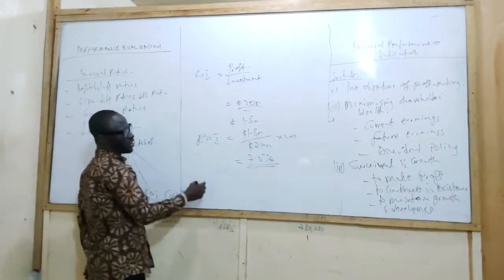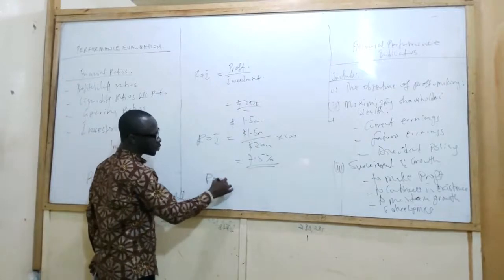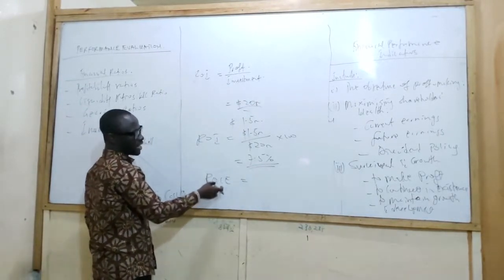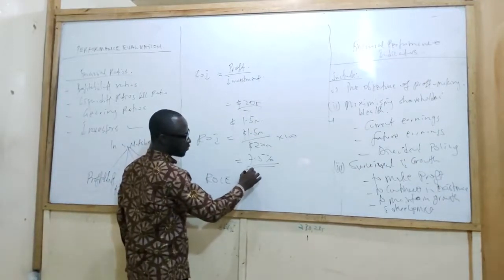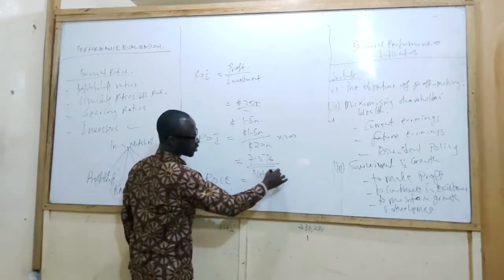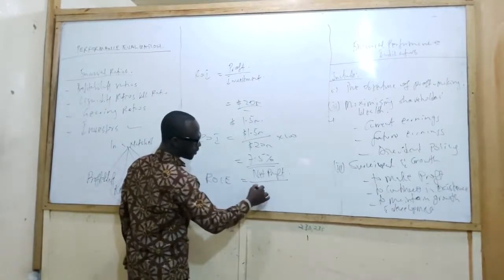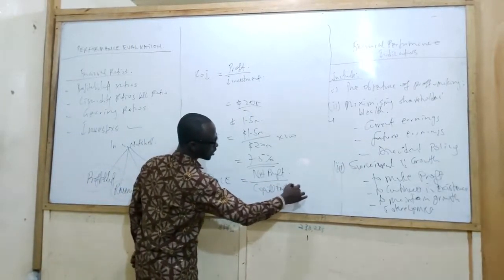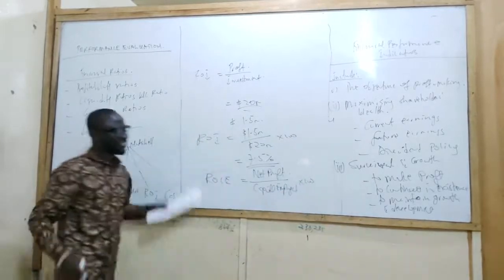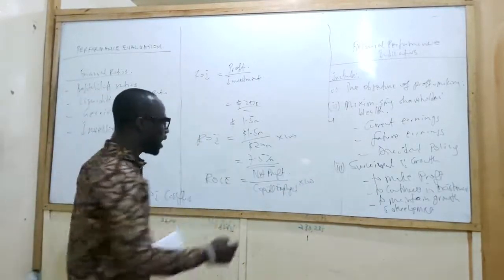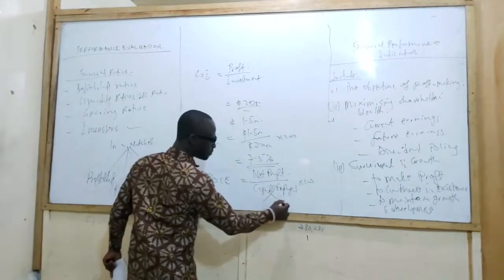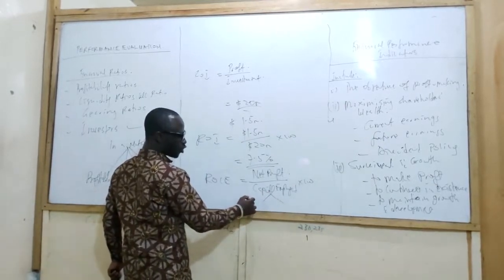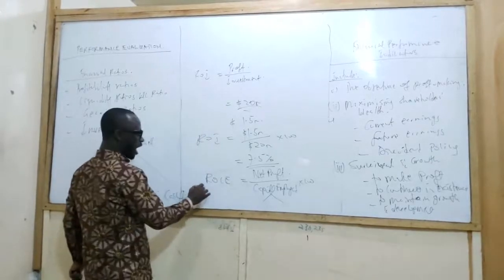Then the brother of return on investment is ROCE. ROCE is return on capital employed, and that is net profit over capital employed, times 100%. Remember, capital employed is equal to total assets minus current liabilities.